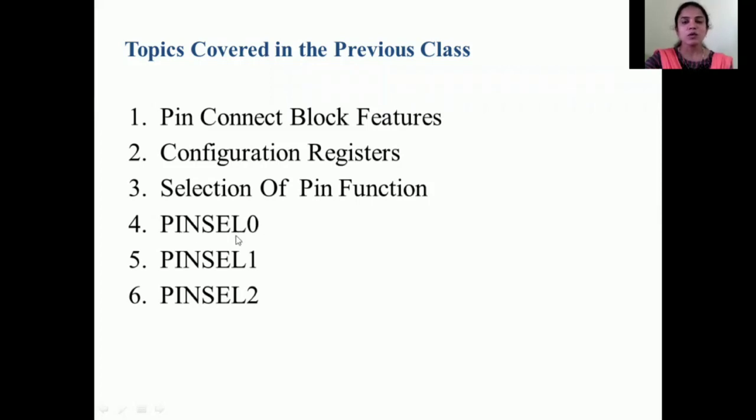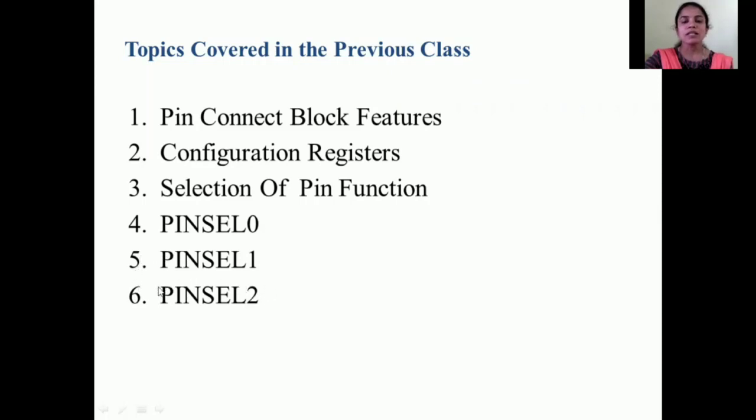Pin select 0 and pin select 1 are used to control the port 0 pins, from port 0.0 to port 0.31. Out of 32 pins, the first 16 pins are controlled by the pin select 0 register and the remaining 16 pins are controlled by the pin select 1 register.